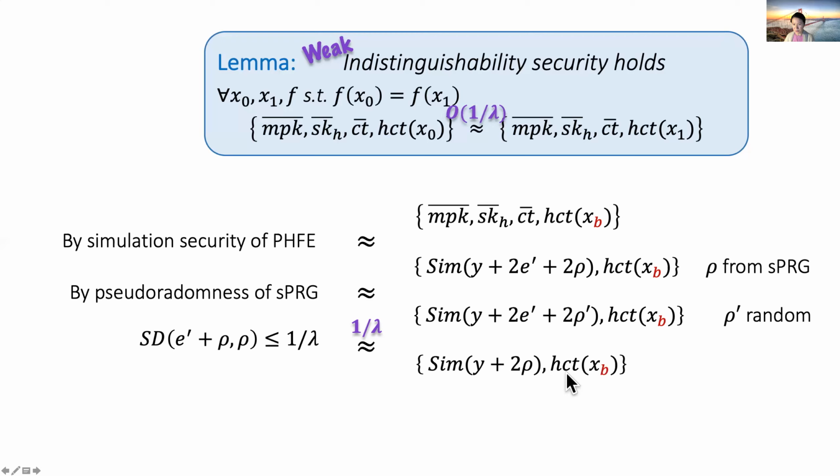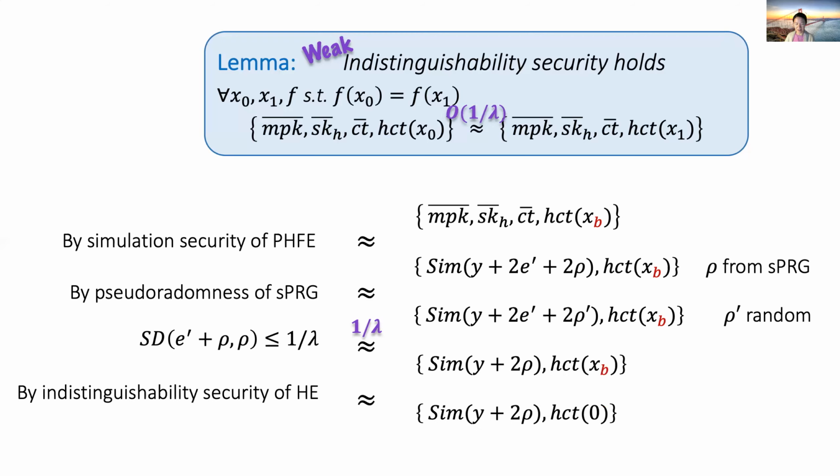And hence, we can rely on the security of the HE scheme to replace input X_B with simply 0. As such, the distribution related to input X_B is indistinguishable from a distribution that is completely independent of X_B. And therefore, we can obtain our indistinguishability as desired.